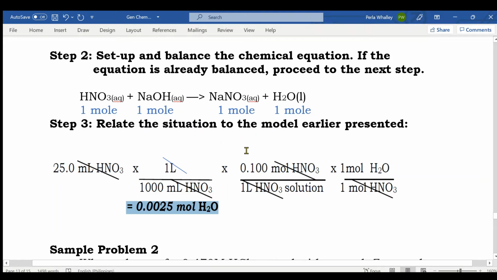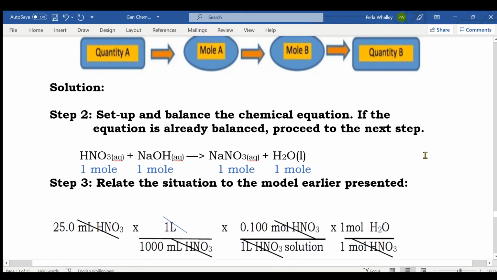Relate the situation to the model earlier presented. Quantity A, to mole A, to mole B, to quantity B. So, quantity A from the given 25.0 mL nitric acid. mL is the quantity.